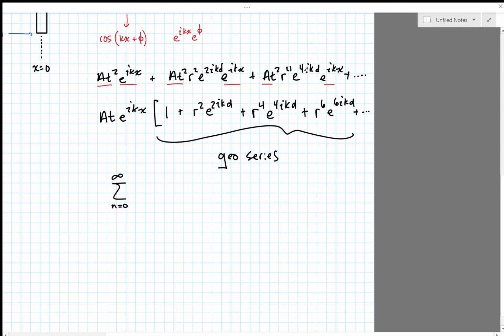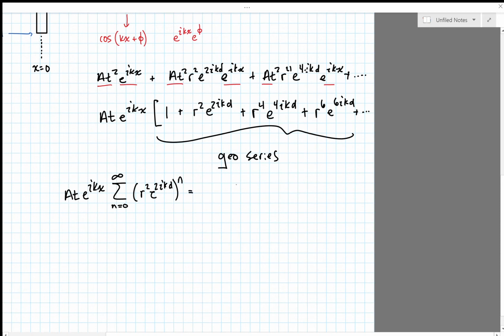The part that changes: A t squared is not really interesting to me, so that holds on, and then e to the ikx, that part didn't change. But now here I have this infinite sum, and what happens is it's r squared e to the 2ikd to the n. So n starts at 0, that gives me this first term. When n is 1, I get this term. When n is 2, I get that term. When n is 3, I get that term.